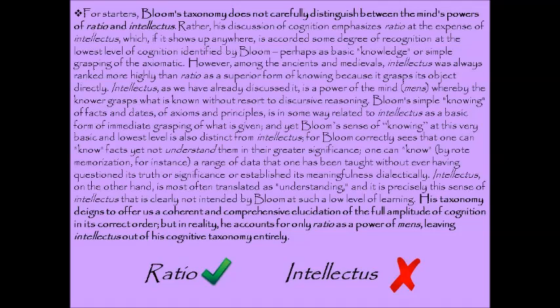However, among the ancients and medievals, intellectus was always ranked more highly than ratio as a superior form of knowing because it grasps its object directly.